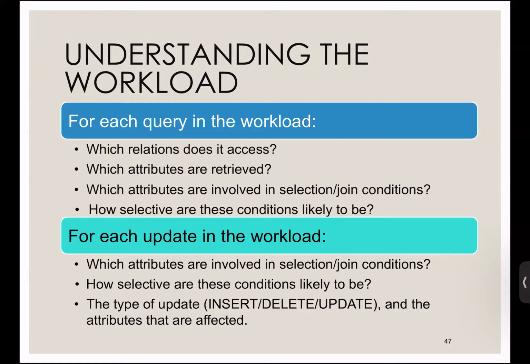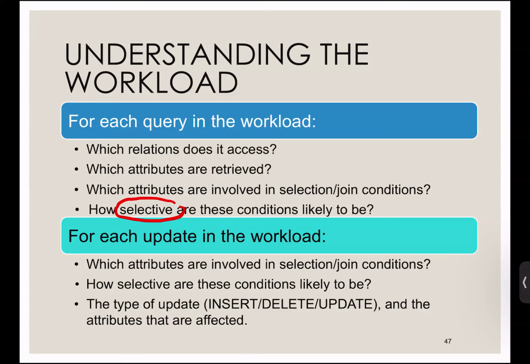And how selective are these conditions? If you use the index structure but the index is not selective enough, so that it qualifies almost everybody, then why do you need the index? The scanning would probably be doing the same thing.